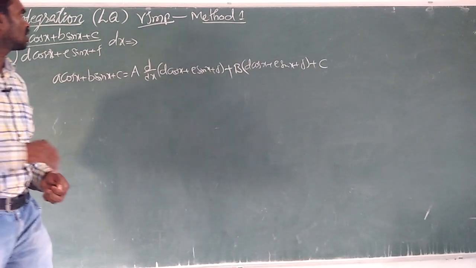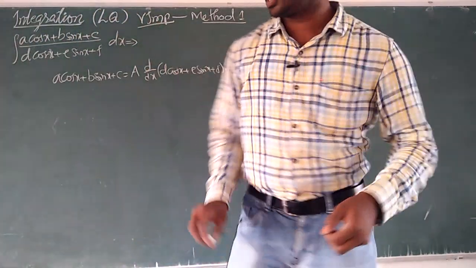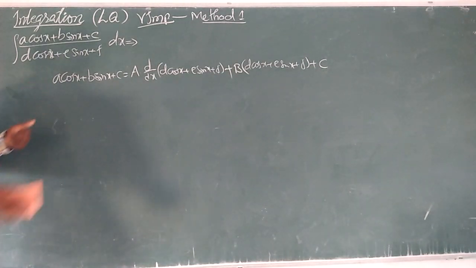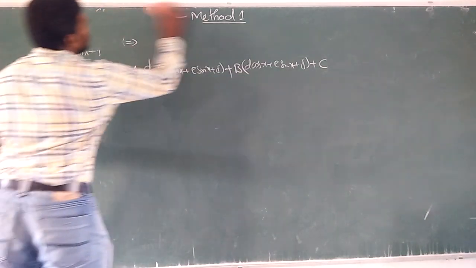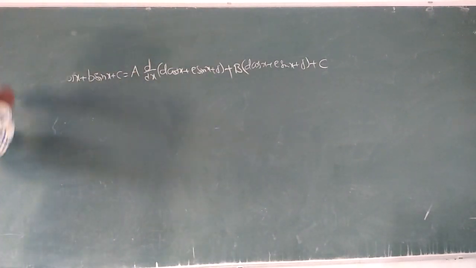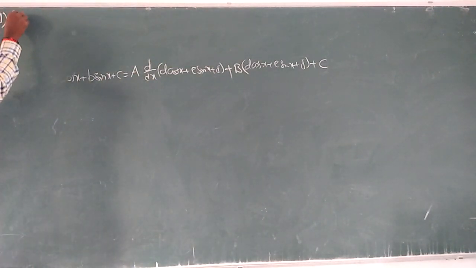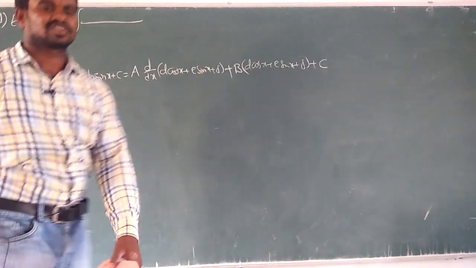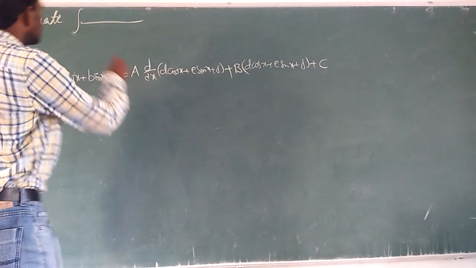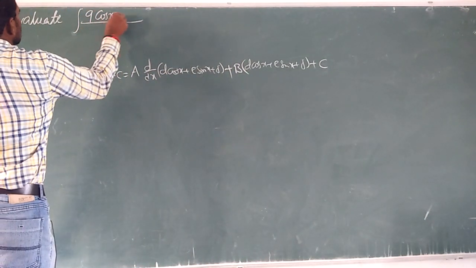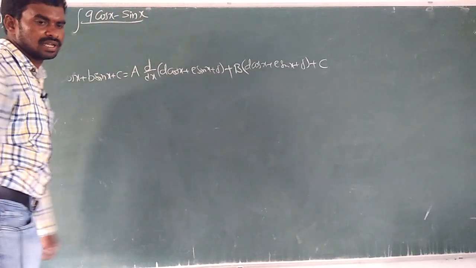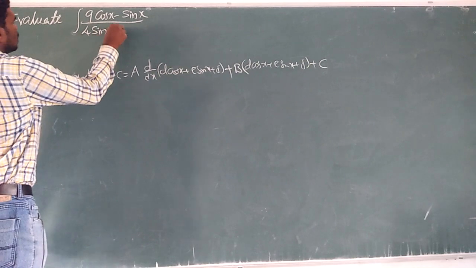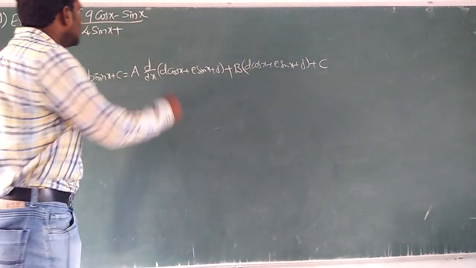For example, let me take the first long question based on this method. Okay. So, first one, evaluate the integration of 9 cos x minus sin x by 4 sin x plus 5 cos x dx.